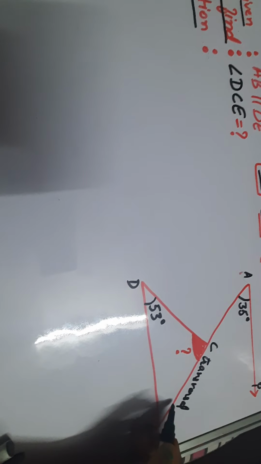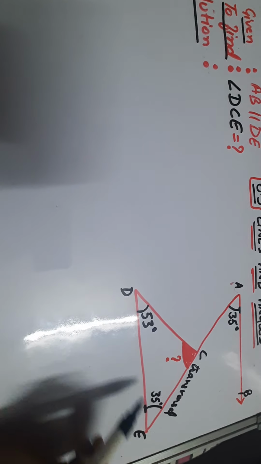So if it is a transversal, then we can say that this angle will be equal to angle BAC, because this is on the right hand side of the transversal and that is on the left hand side, alternate interior angles, and both the angles are touching the parallel lines also. So if this angle is 35 degrees, we'll get this angle also as 35 degrees by alternate interior angles.